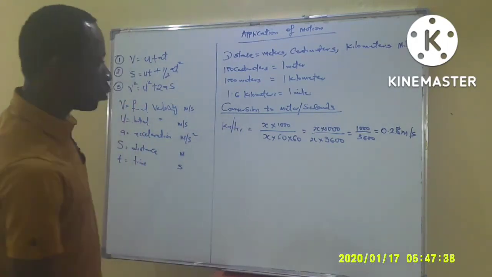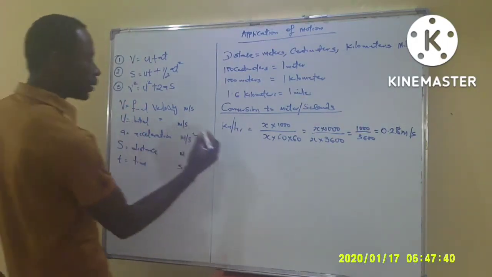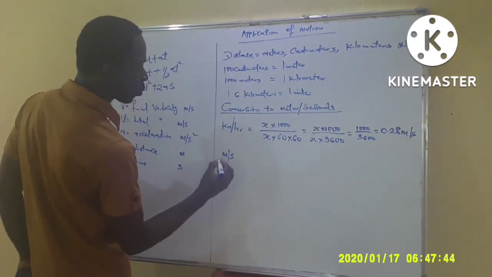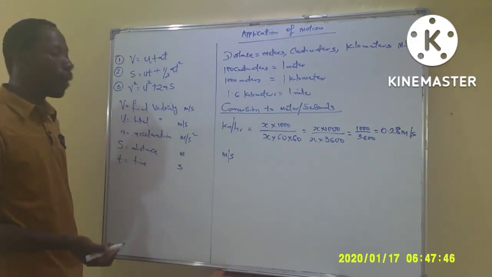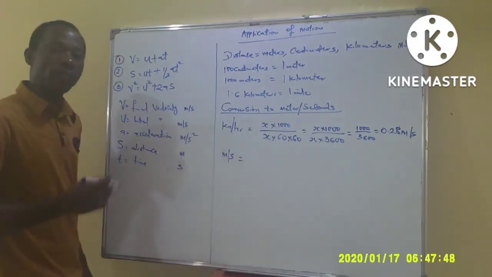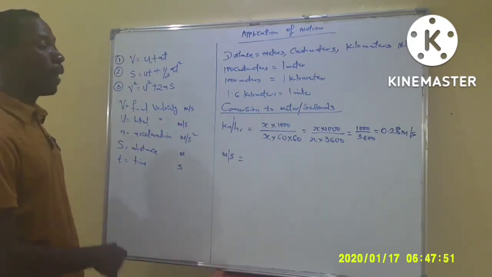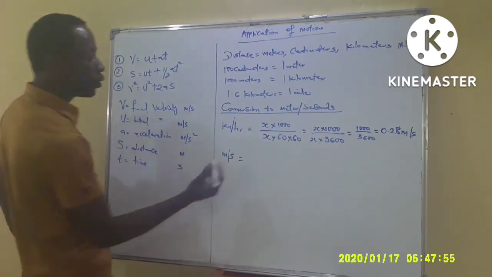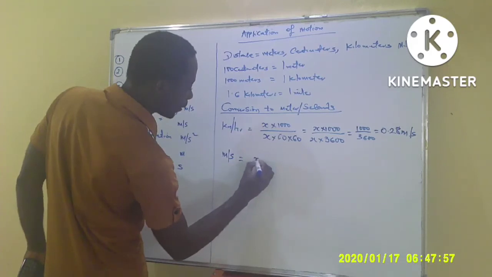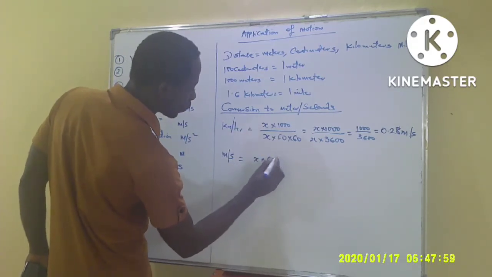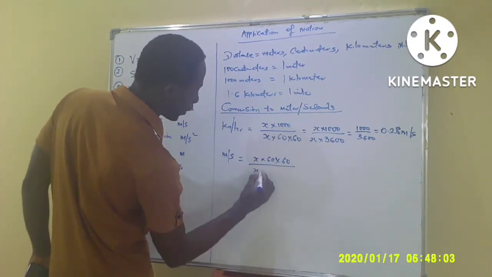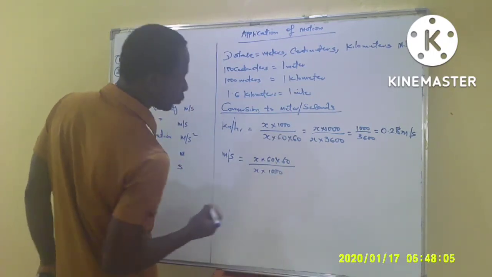Now we want to convert from meter per second to kilometer per hour. When you want to convert meter per second to kilometer per hour, the reverse becomes the case. So you multiply by x times 60 again, all over x times 1000.